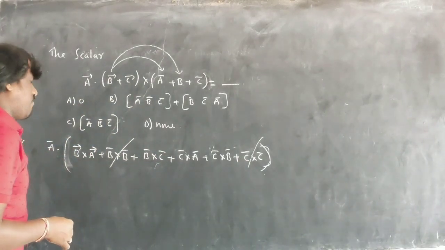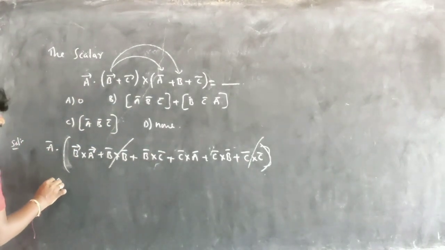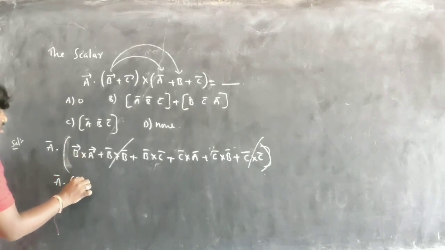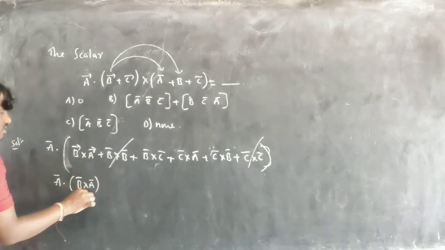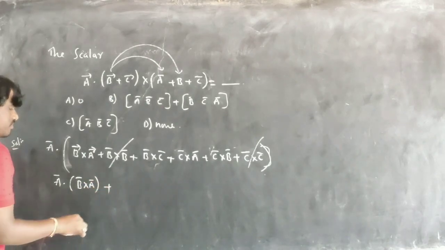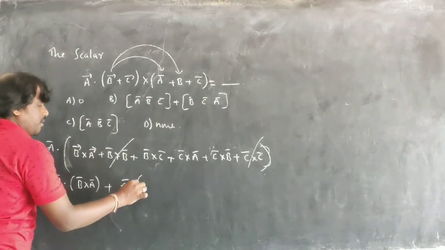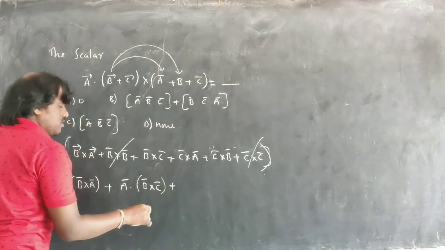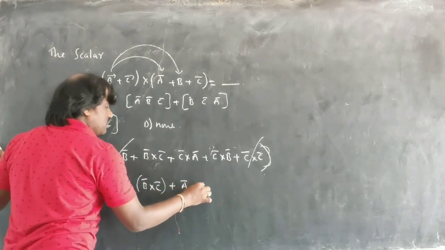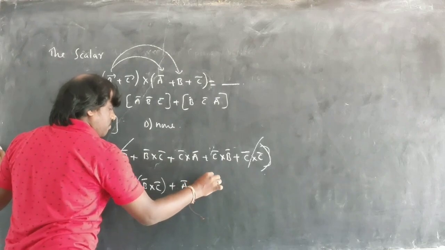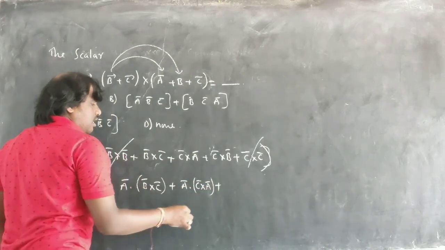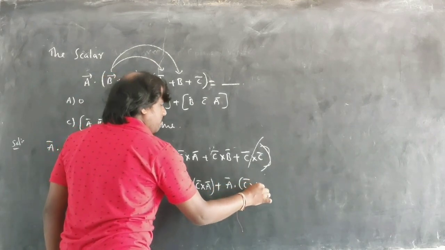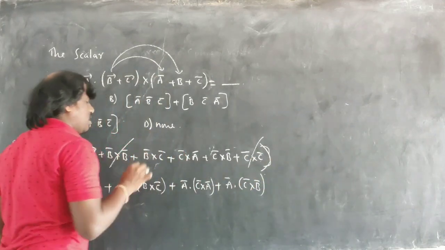And the rest we have to do with the dot of A. Now here what do you have? A dot B cross A, one, plus A dot B cross C, another one, plus A dot C cross A, one, plus A dot C cross B. As you know, two of these are 0.